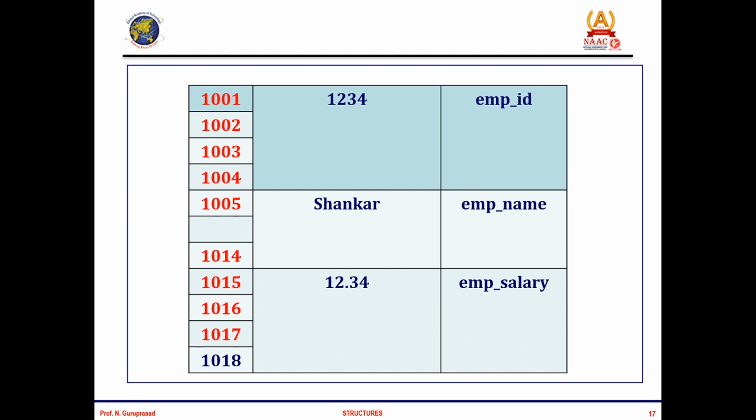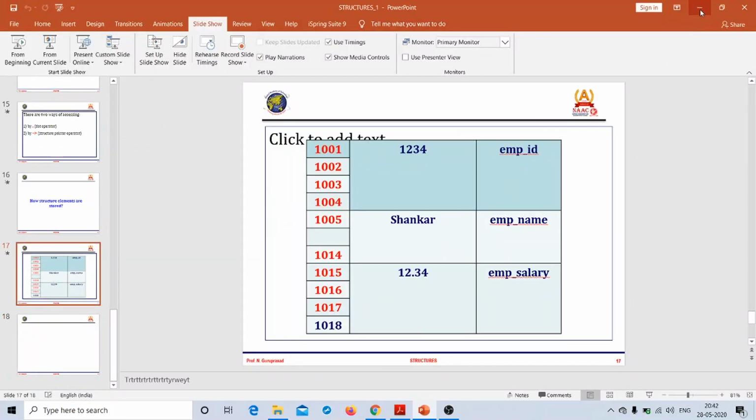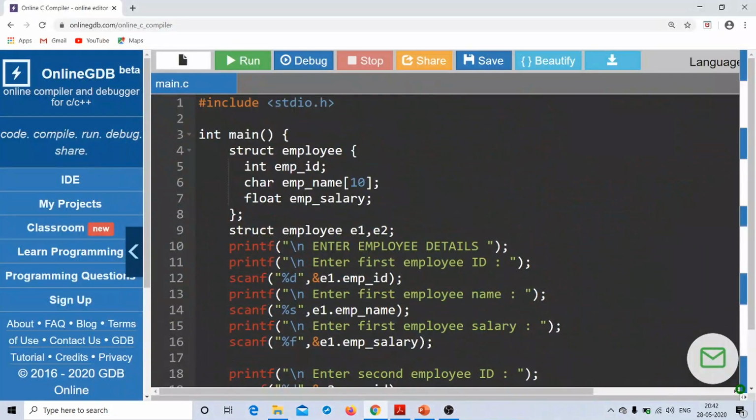When you talk about the size of the structure, the size purely depends upon the size of the data types which you are using inside the member elements. Let me take you back to the code and look at this. Let us say your integer occupies 4 bytes. Then your character array, even though a character occupies 1 byte, you have a character array of 10, so this entire statement occupies 10 bytes. Then float employee salary occupies another 4 bytes.